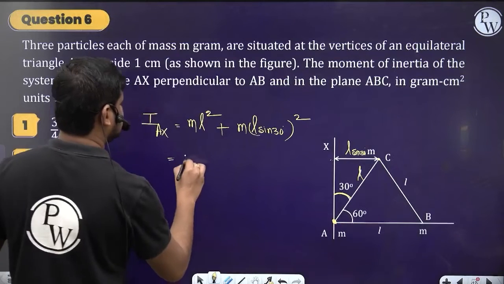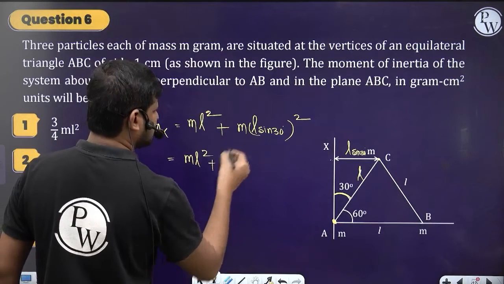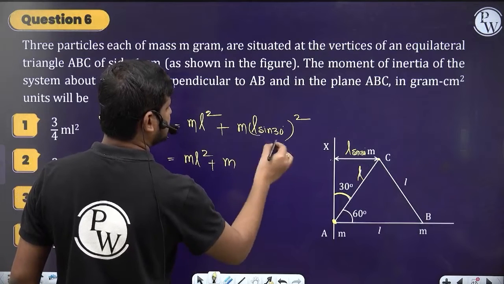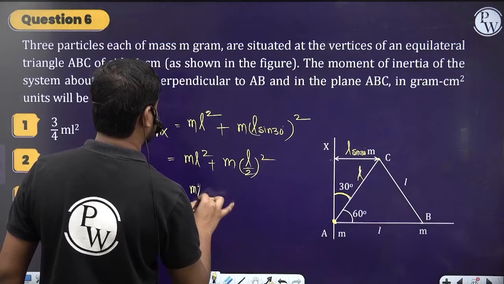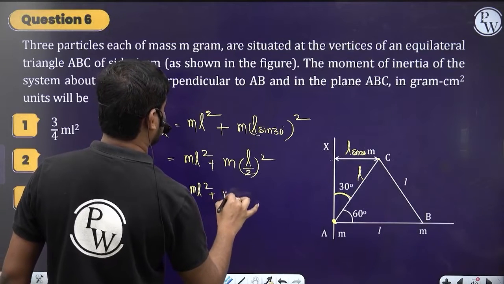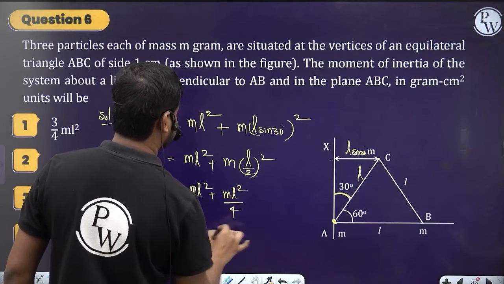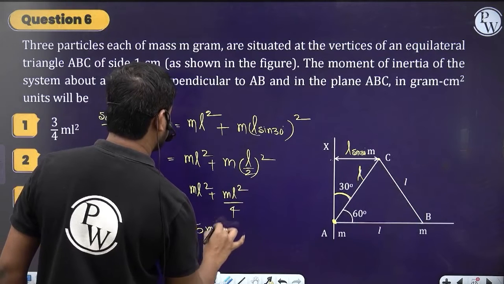So now this is ml square plus m into, sin 30 is 1 by 2, so L by 2 whole square. So I can write ml square plus ml square by 4, which is nothing but 5ml square by 4.